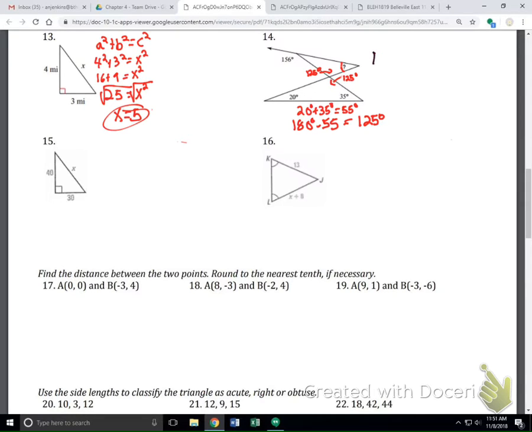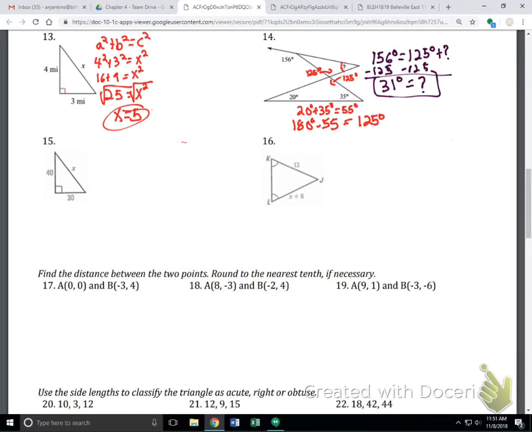That means that 156, which is my exterior angle, equals 125 plus question mark. Now we are going to subtract 125 to the other side to get our like terms together. When we subtract 125, what value do I get? 31 degrees.